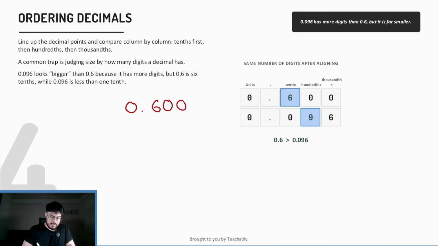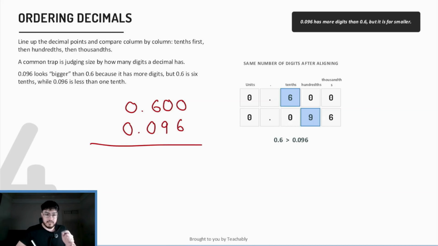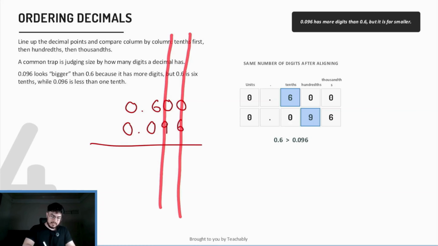So 0 and 0. And then underneath it, I'm going to put 0.096. When we're doing this column stuff, we need to make sure we're lining up the correct columns. Because if this 6 was in line with the 0, we're not going to be comparing the correct things. We need to make sure that all the columns are perfectly in line so we don't confuse ourselves.